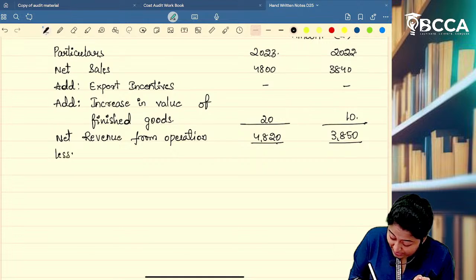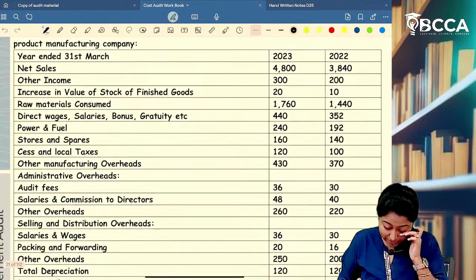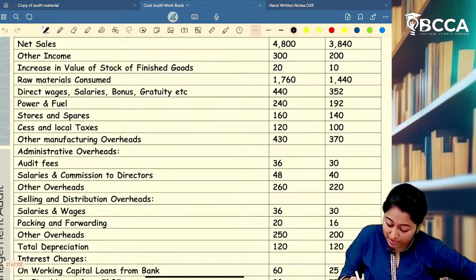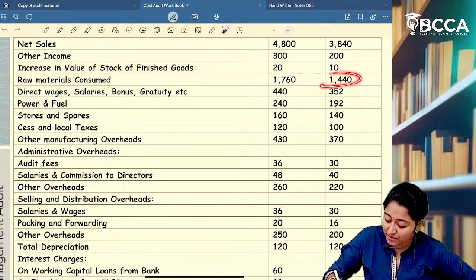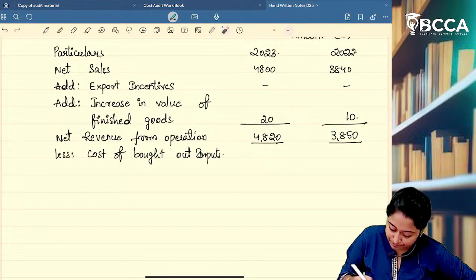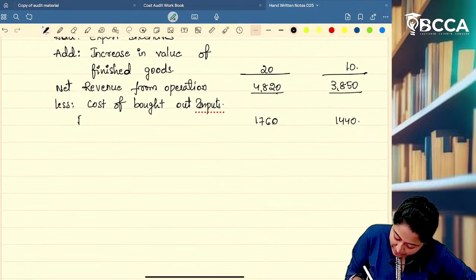Then we'll write it as less cost of bought out inputs. In which first we'll take raw materials consumed. How much is the raw materials consumed? 1,760 and 1,440. This is raw materials consumed.